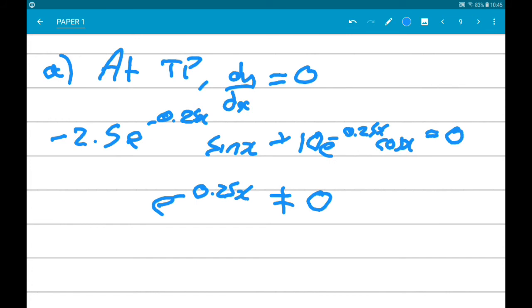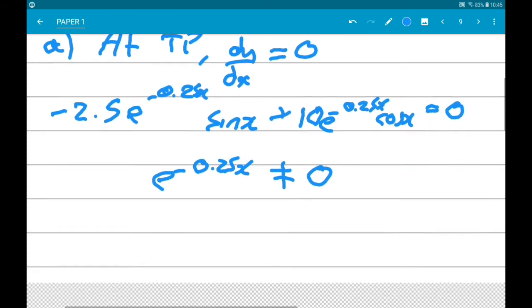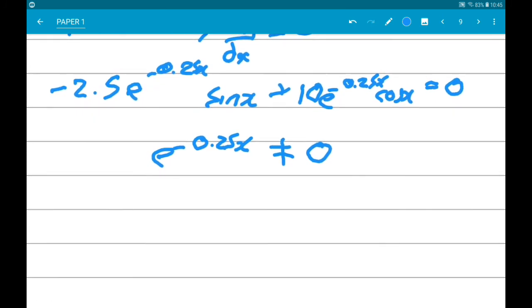Now it would be a good idea in your working to state that just to be nice and thorough. So we can divide through by that then, so we get minus 2.5 sine x add 10 cos x is equal to 0.